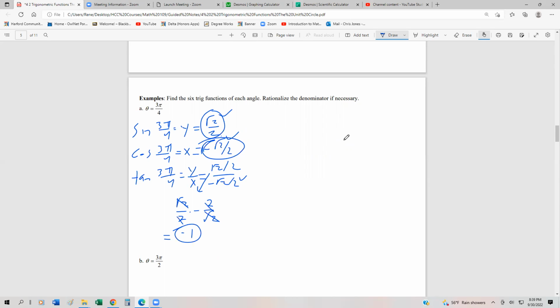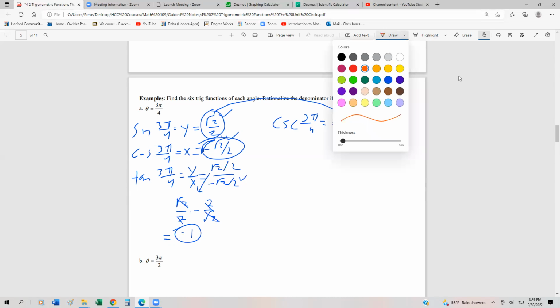All right. Now, like we said, once we find the sine, cosine, and tangent functions, we just flip them over to find the others. So if I want to find the cosecant of 3 pi fourths, I'm just going to say, well, that's 1 over y, and that's just going to be the reciprocal of what we found over here. So that's going to be 2 over root 2. And we've seen this a few times where we need to rationalize it.